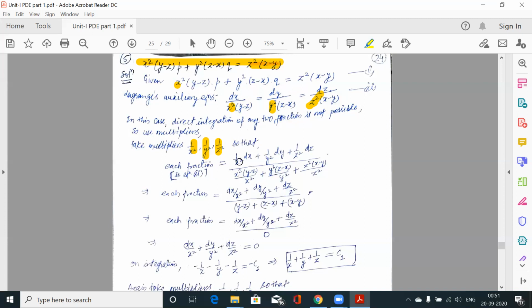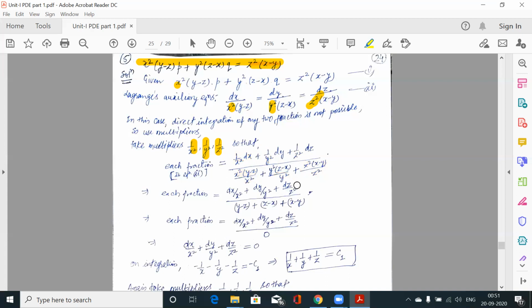So we have multiplied here 1 over x² in the numerator, and 1 over x² in the denominator: 1 over x² dx divided by x² y minus z over x². Similarly, in the second fraction, we have used 1 over y² in the numerator and the denominator. In the same way, 1 over z² in the numerator and the denominator of the third fraction, and a plus sign. This is the multiplier method we discussed in the starting of this topic, on how to select the multipliers.